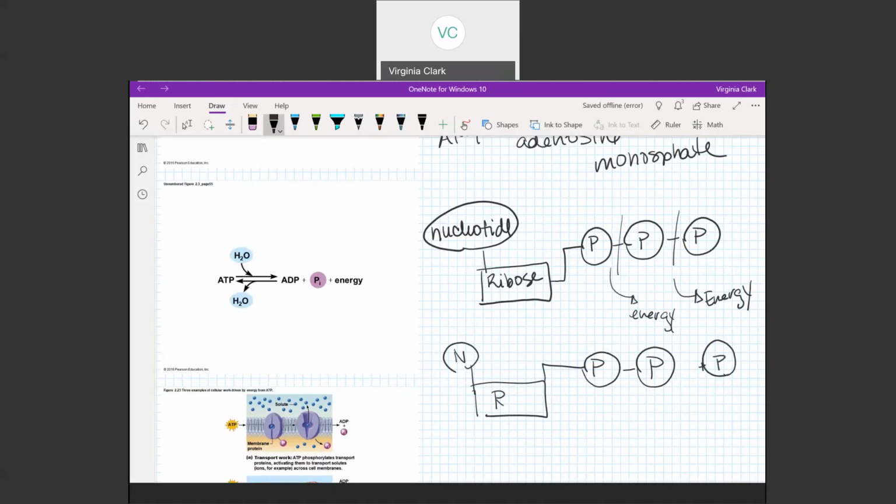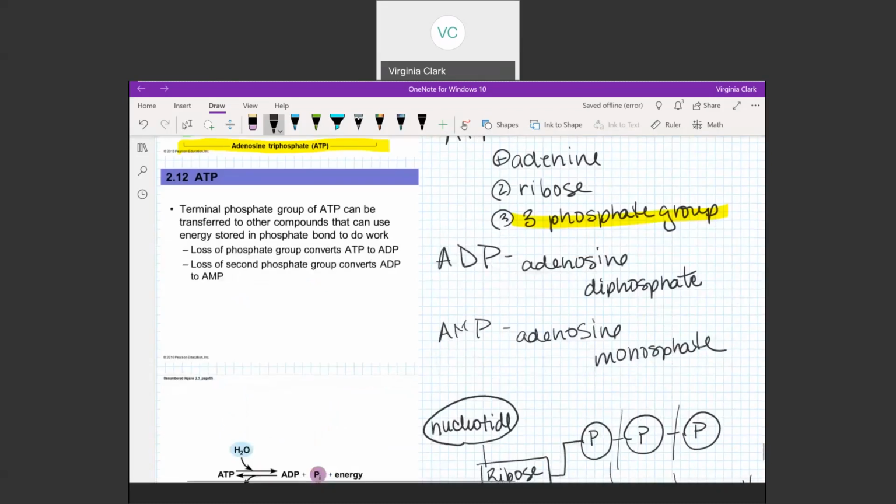And so you can go from ADP plus the phosphate, and you can go back to ATP. So you can add and remove the terminal phosphate group in order to get that energy. So it's the terminal phosphate group that can be added or lost.